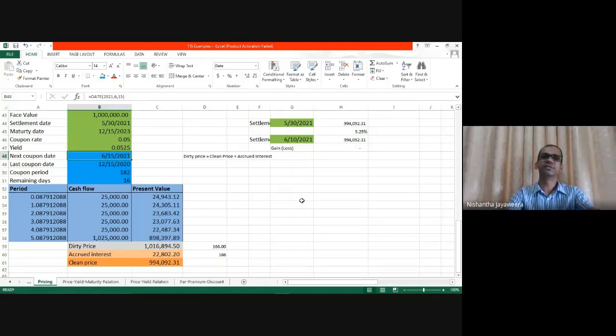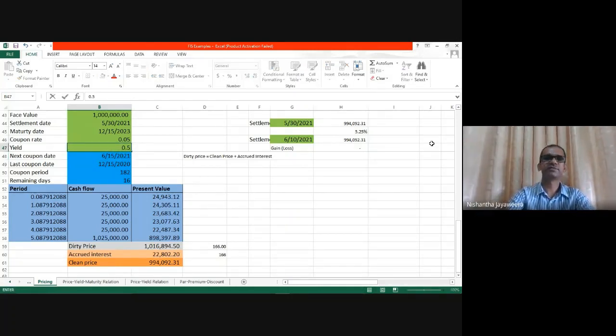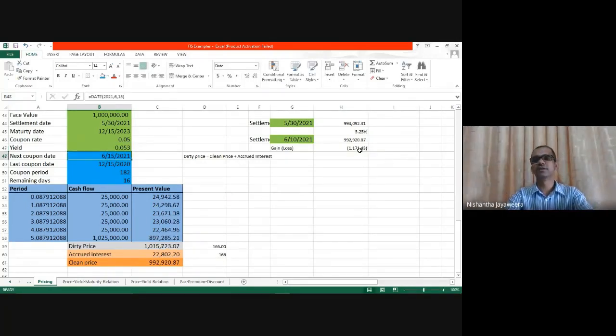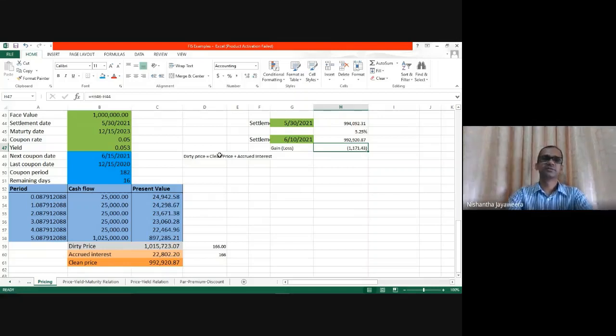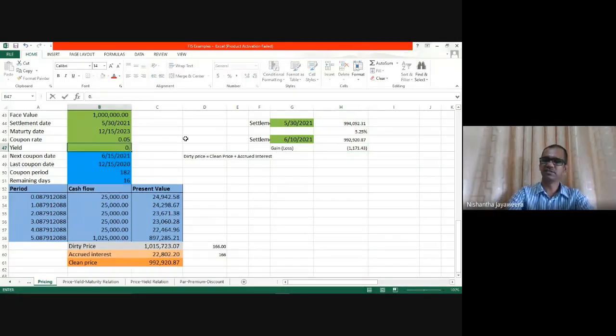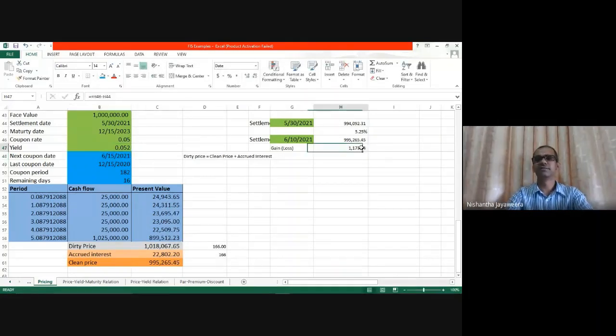Now assume yield increases to 5.3, you make a loss. On the same day, if yield decreases, you make a gain. That's the capital gain or loss.